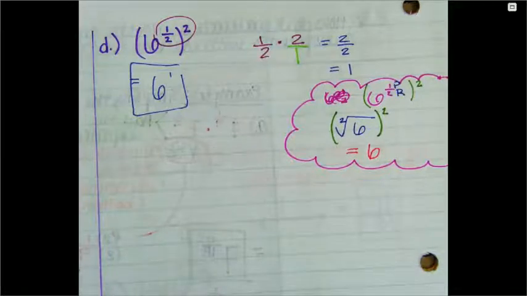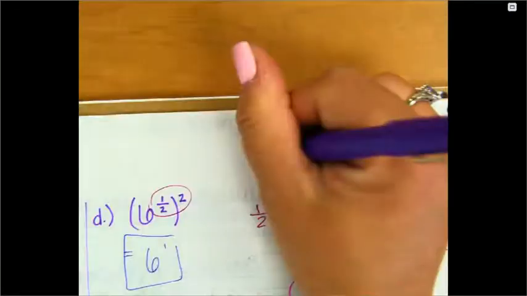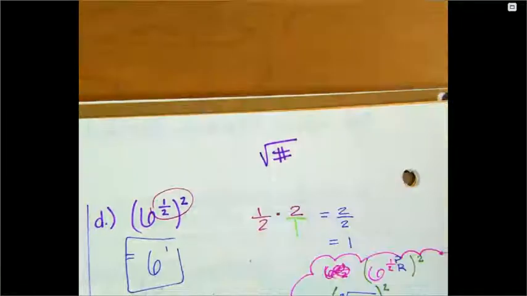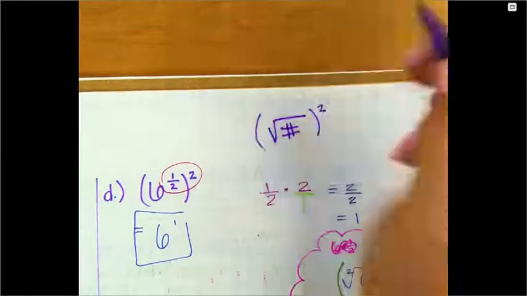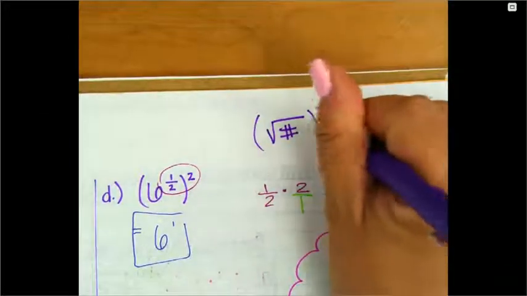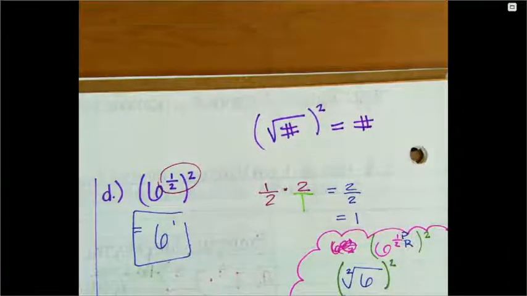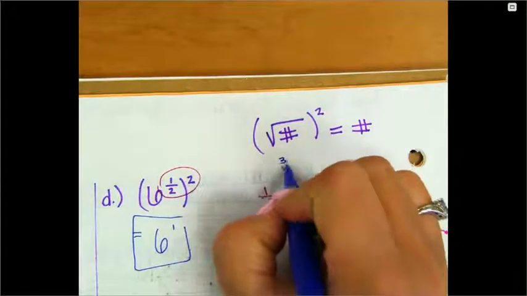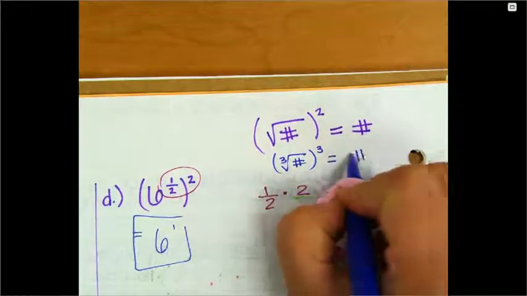Do you understand? So you need to know, we're going to just write it somewhere like at the top, that when you have a square root and you square it, you're just going to get the number inside. Yes, it works for a cube root also, but it has to be cubed for it to give you the number inside.